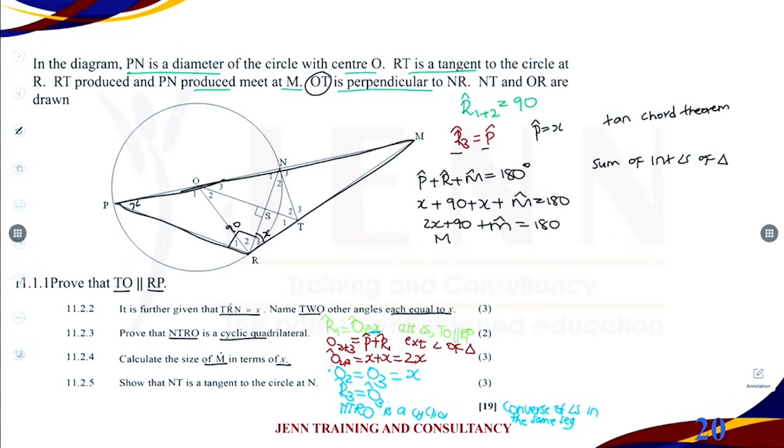Therefore, angle M is equal to 180 minus 90 minus 2x. So the size of angle M is equal to 90 minus 2x. The question was to calculate the size of angle M in terms of what? In terms of x. So this is angle M in terms of x.